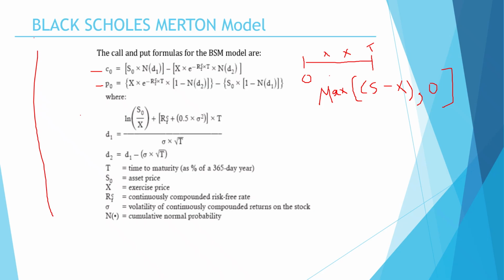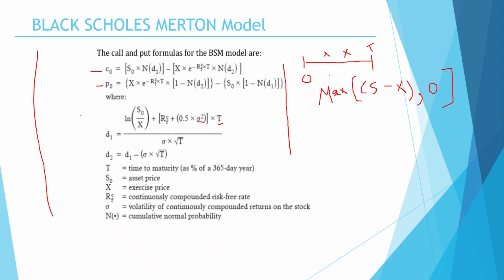You can see in this formula that time to maturity is a factor which will impact the option price at this point, or at this point. We can also say that the volatility will also impact the price of the option.